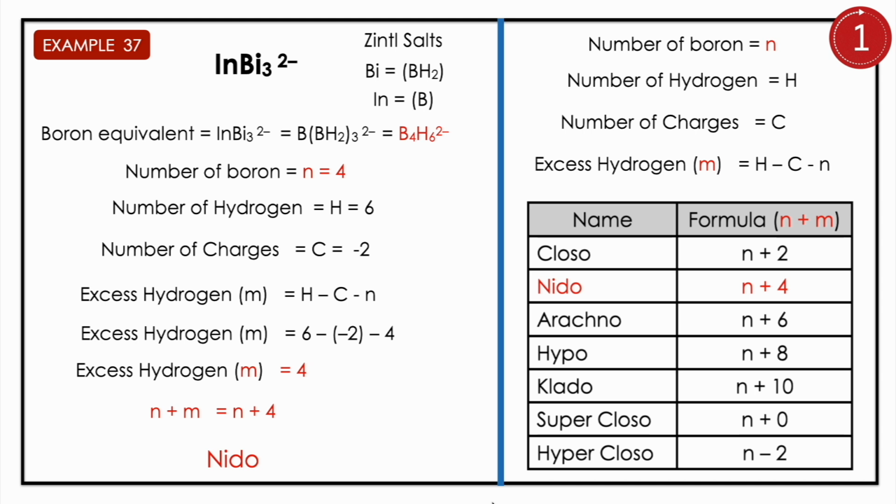Excess of hydrogen will be M equals H minus C minus N. If you substitute the values, it becomes 6 minus minus 2 minus 4, which gives M equals 4. M equals 4 means it is an N plus 4 system. According to the Wade's table, N plus 4 means Nido structure. So according to the Wade's rule, InBi3 2 minus has the Nido structure.